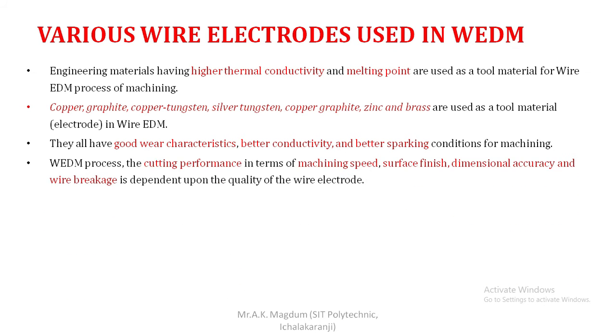Next, in the wire EDM process, the cutting performance in terms of machining speed, surface finish, dimensional accuracy and wire breakage is dependent upon the quality of the wire electrode.